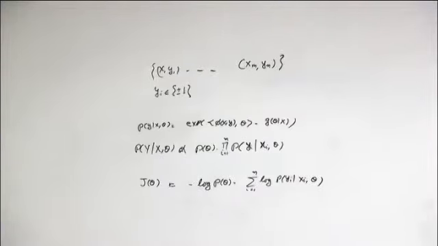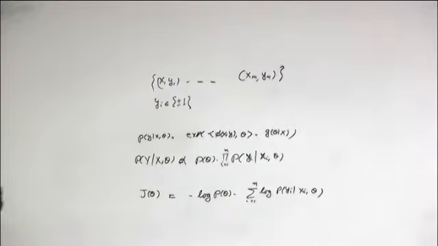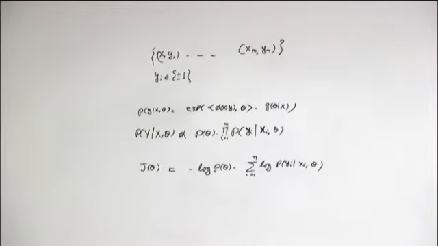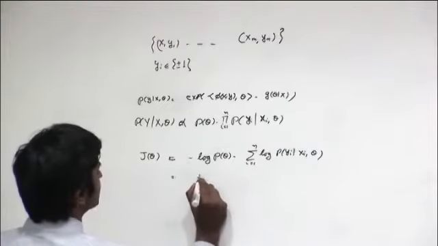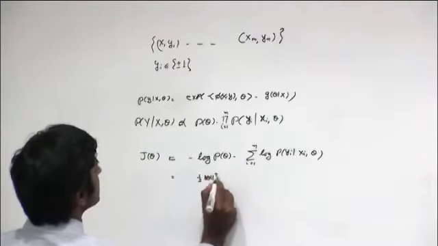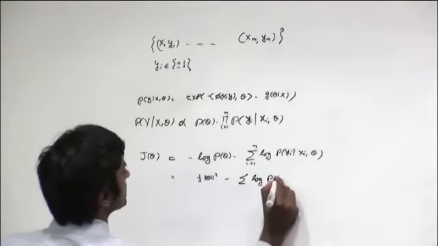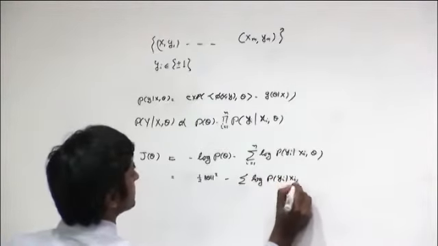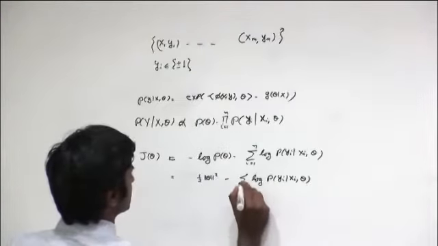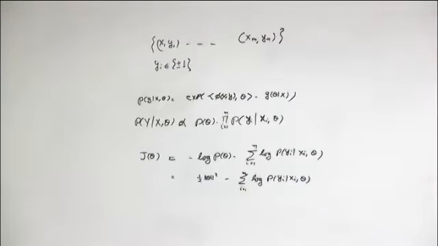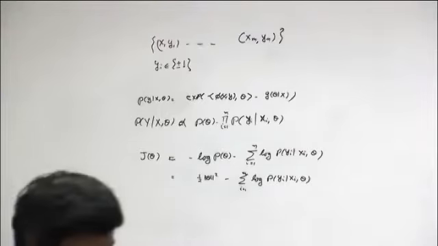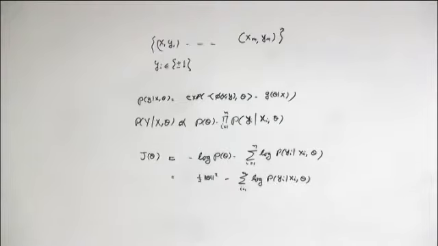Okay, and then I'm going to assume this is an isotropic Gaussian like before, so this is just 1/2 norm theta squared minus the summation of the log of p of yi conditioned on xi and theta. Correct? So this should be fairly familiar to you, and this is what we were doing before in logistic regression.